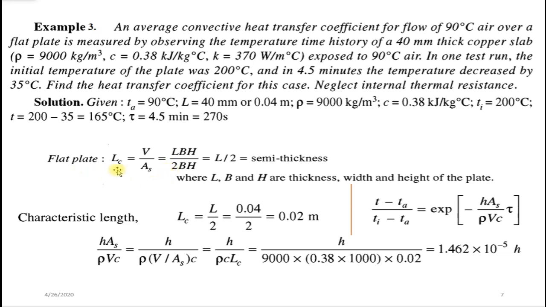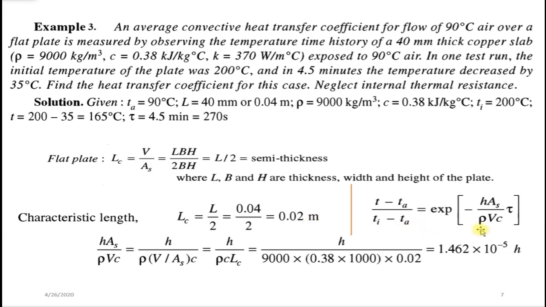For that, first you have to find LC, V by AS, because here there is no information about the length, breadth, height, but the thickness is given directly. For flat plate, LC characteristic length is nothing but L by 2. This L value is given in the problem, so just substitute and get the value of LC, that is 0.02 meter.